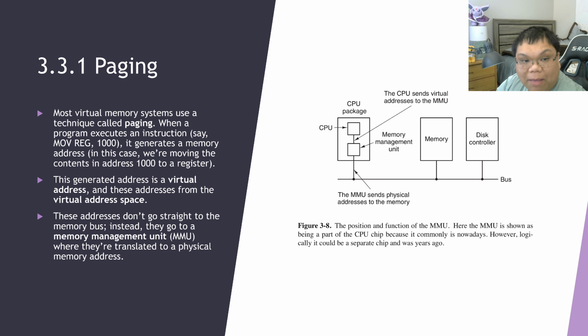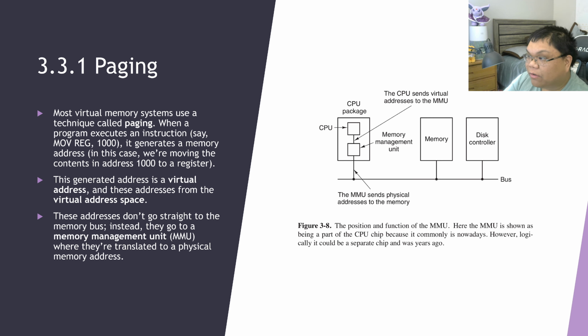When a program executes an instruction, say move register 1000, it generates a memory address. In this case, we're moving the contents in address 1000 to a register. This generated address is a virtual address, and these addresses form the virtual address space.